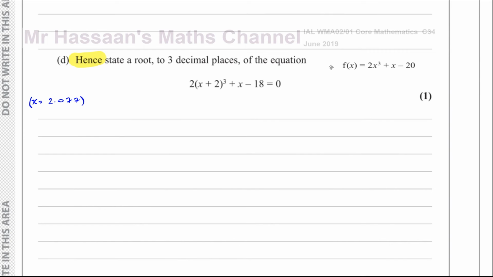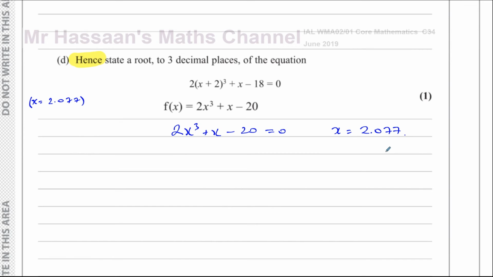So the previous question, this is what f of x was. And we know that the solution to 2x cubed plus x minus 20 equals 0 is x equals 2.077, correct to 3 decimal places. So what we need to do is compare these two with each other.